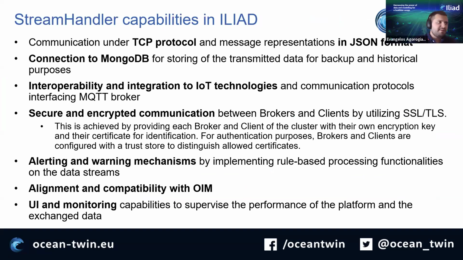Our StreamHandler platform uses the TCP protocol for communication, and the representation of the messages is in JSON format, a common format for data, which is easily readable and understood by everyone. We have performed an alignment and compatibility with the Ocean Information Model, which is the main model for data representation designed within Iliad and offered by other colleagues from the project and other partners.